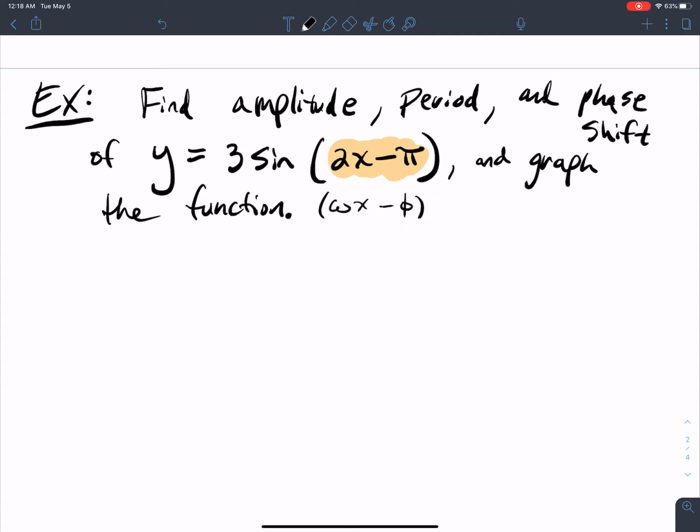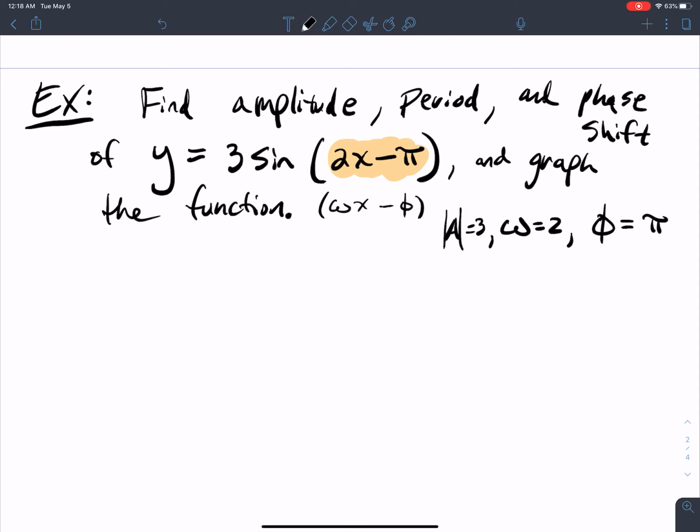So we know omega is 2. We know phi is pi. And I know my amplitude is 3, the coefficient in front of the sine.